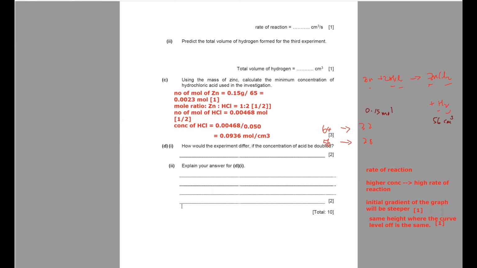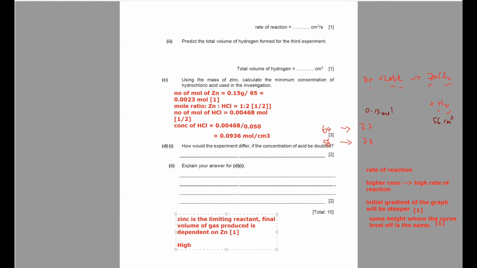Then they say explain your answer for D part 1. I kind of mentioned it. You say zinc is the limiting reagent or limiting reactant. So the final volume of gas produced is dependent on zinc. So this is 1 mark.